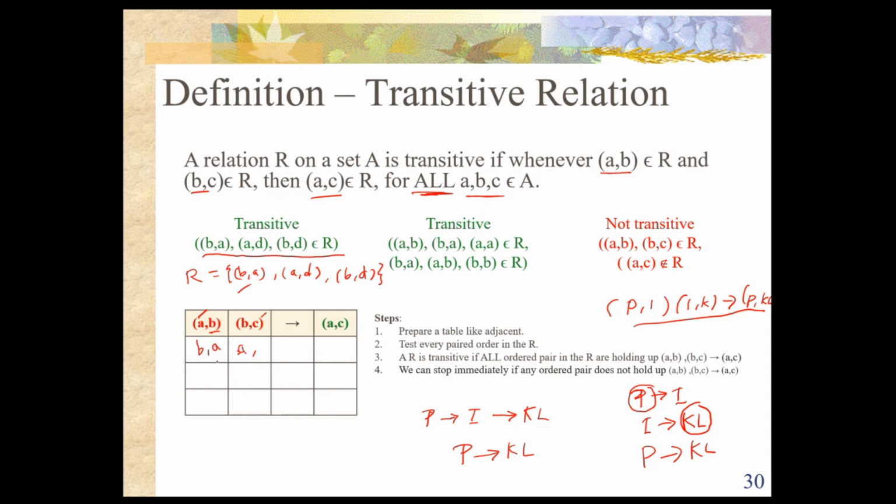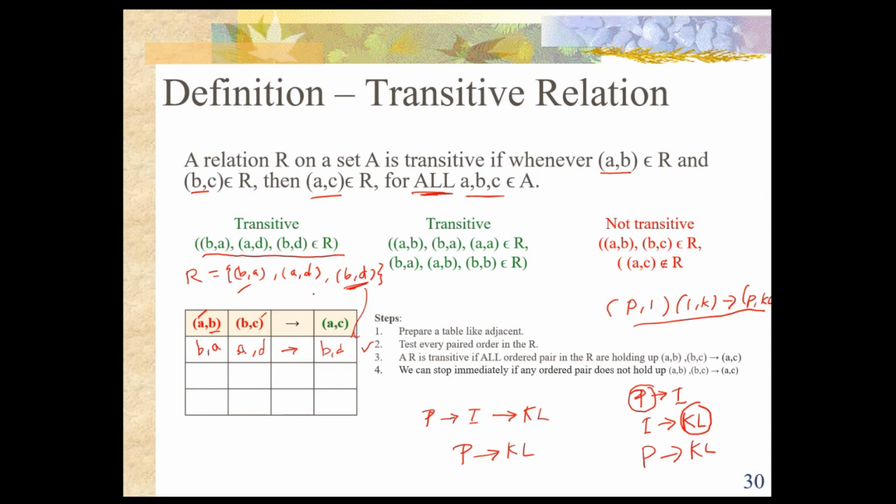Okay, we have B to A. Let's find in the relationship. If we have B to A, the connector here is A, right? So do we have A with something here? We have (A,D). So if we have (A,D), then do we have (B,D)? Okay, we managed to find (B,D), right? So yes, this is transitive.